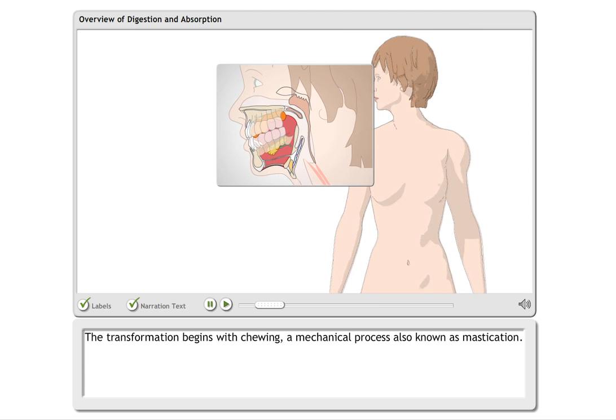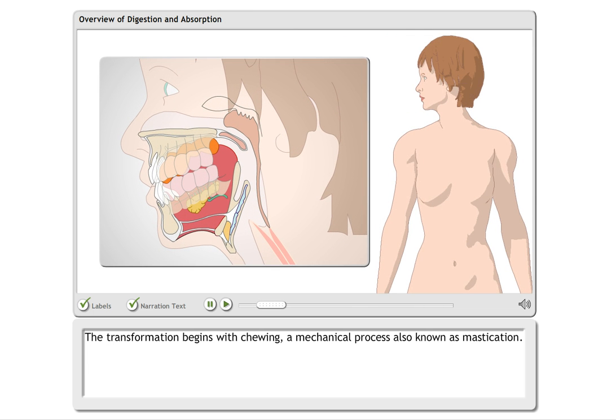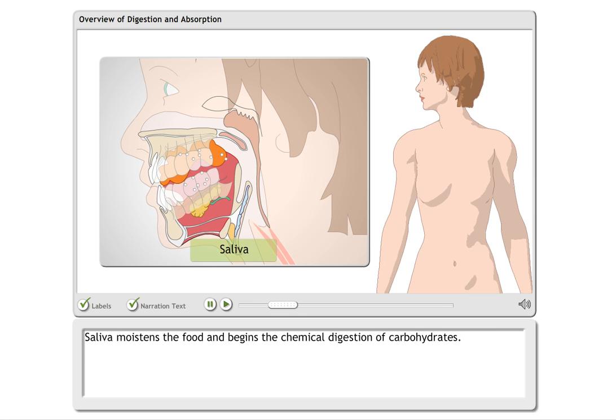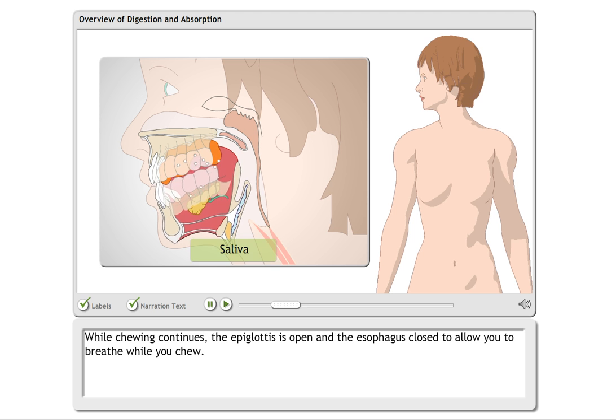The transformation begins with chewing, a mechanical process also known as mastication. While the teeth cut and grind the food, increasing the surface area and exposing the bonds, the food is mixed with digestive juices from the salivary glands, called saliva. Saliva moistens the food and begins the chemical digestion of carbohydrates.